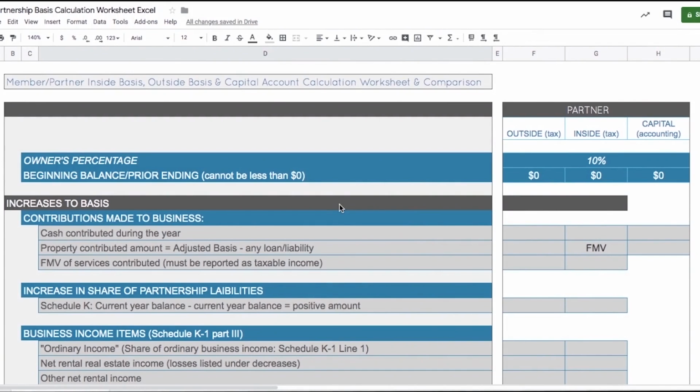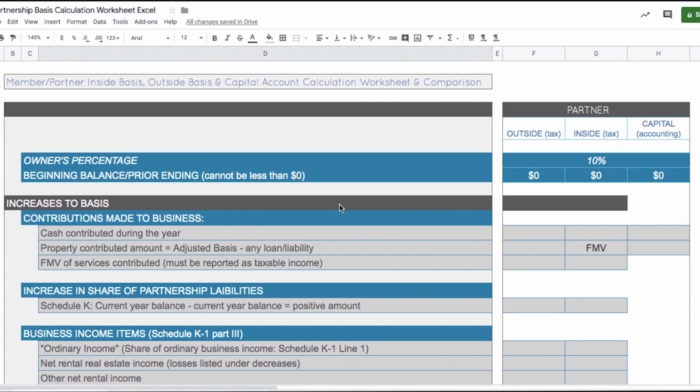Here we are in the partnership basis calculation worksheet. One concept to understand is that partners have to pay tax on their share of the net business income, that ordinary partnership business income, regardless of how or if it's actually distributed to the partners.